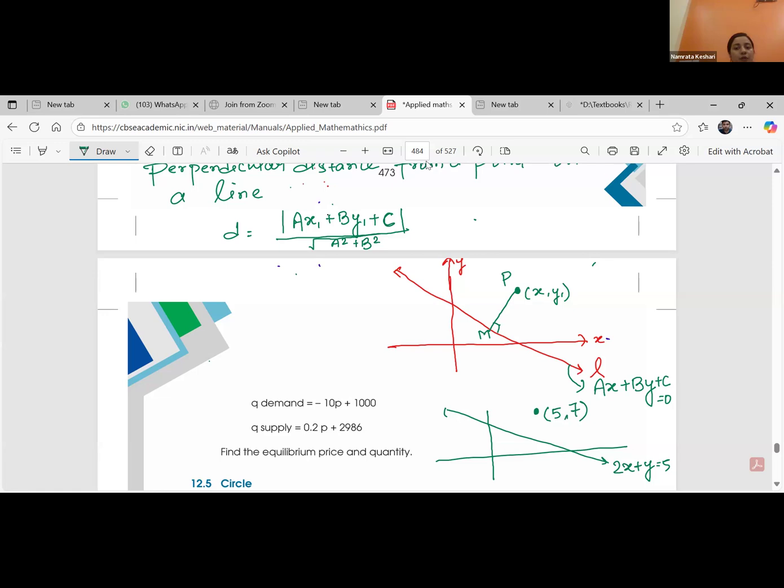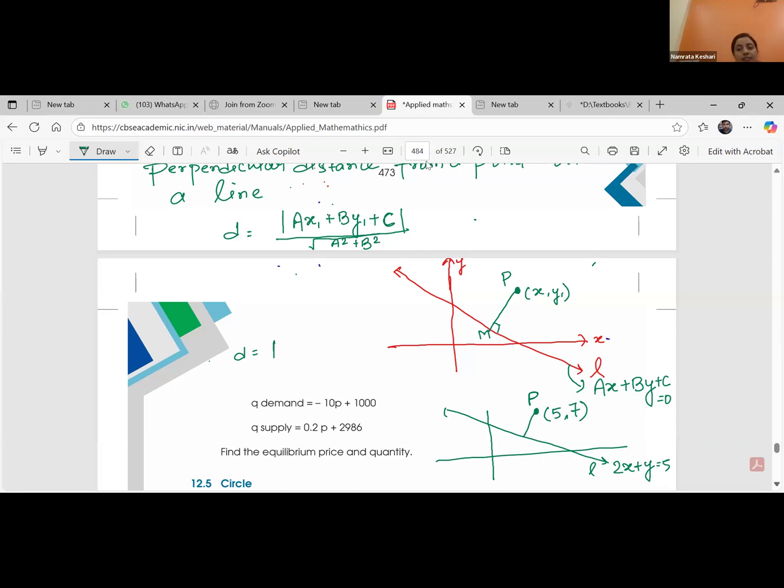Now you want to find the perpendicular distance from the point P on the line L. So you will be using this formula directly. D means the perpendicular distance from the point on the line, which can be found by using the formula AX1.